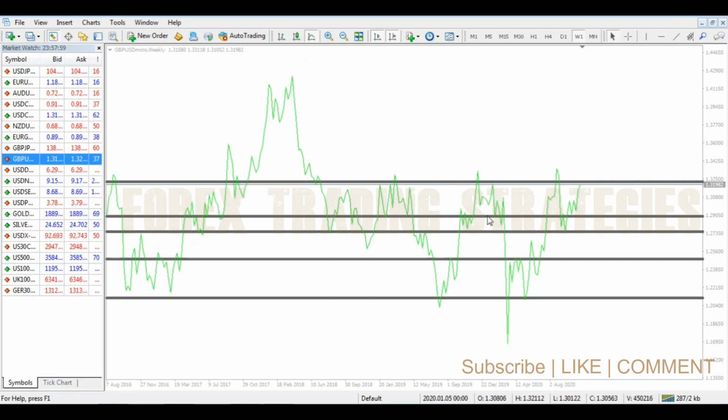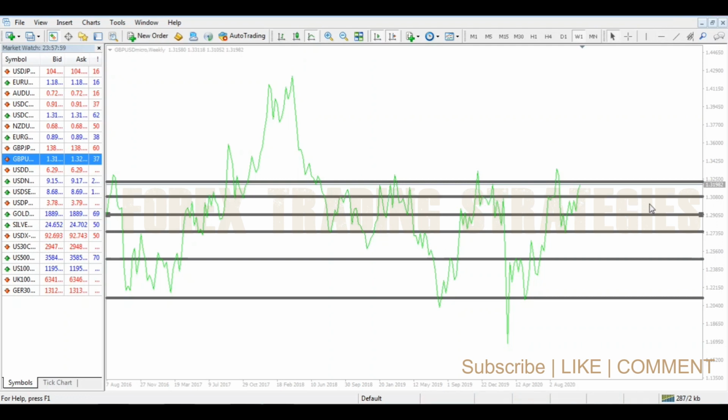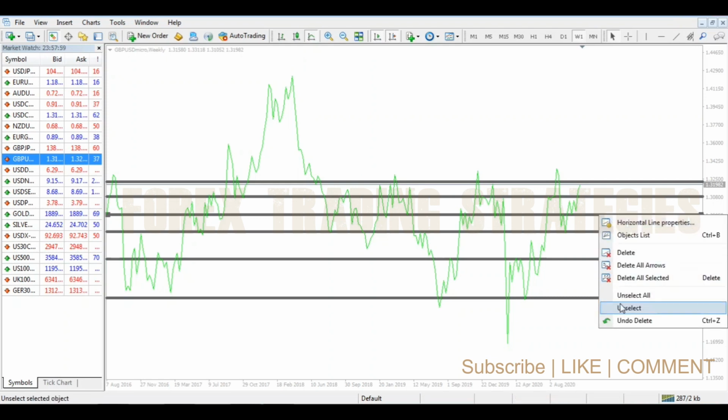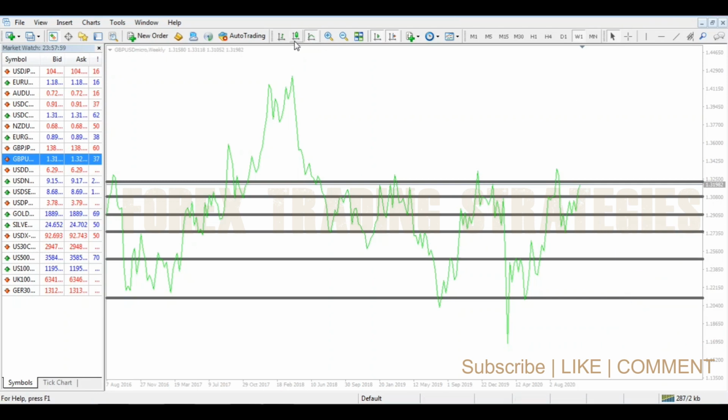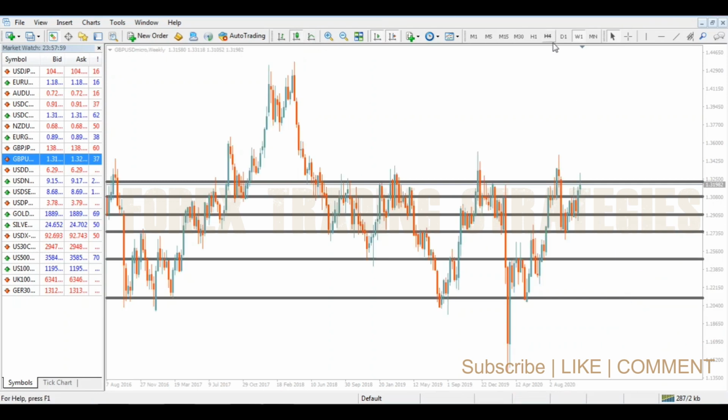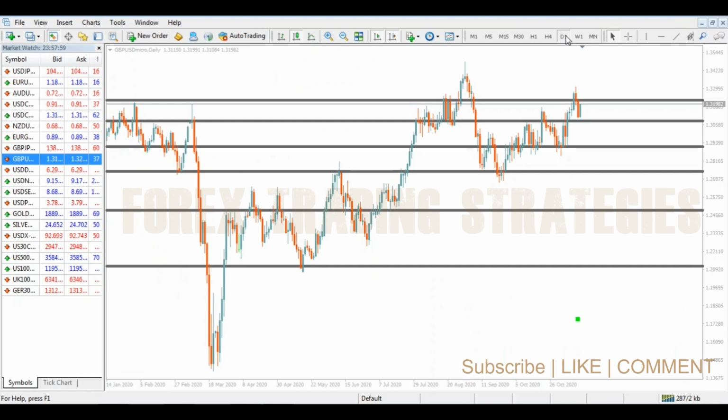You decide which ones you want to use and which ones you might not want to use. But generally I also try not to have so many lines on my charts. Then we go back to the candlesticks and we go to the daily.